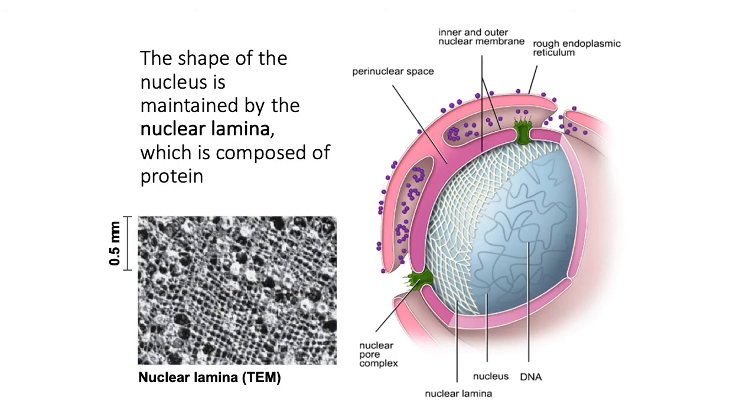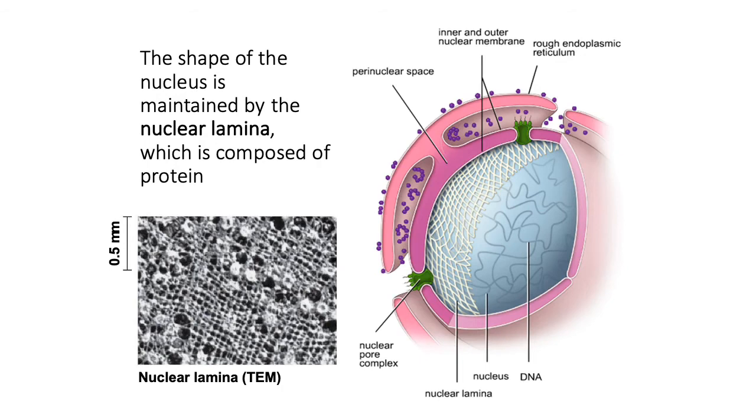And so we've got our nuclear envelope that has our nuclear pores that go through it. We also have on the inside of the nuclear envelope a structure called the nuclear lamina. And the nuclear lamina almost looks like a net or a mesh, and it's kind of a stiff structure that helps give the nucleus its shape.